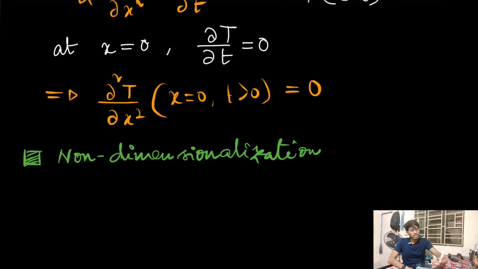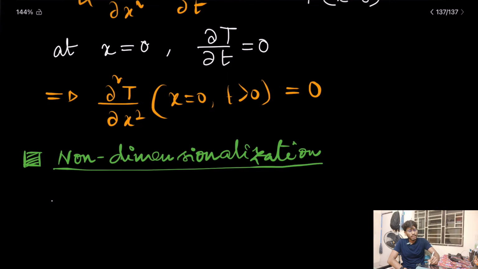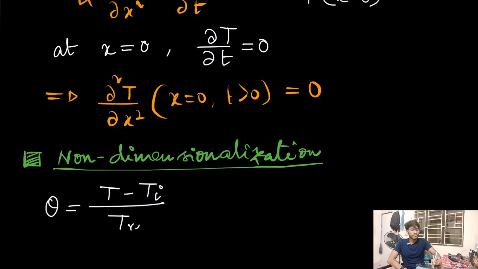So non-dimensionalization, and the reason is nothing but to simplify the description of the problem. We define theta is equal to the temperature variable T minus Ti by some T ref.